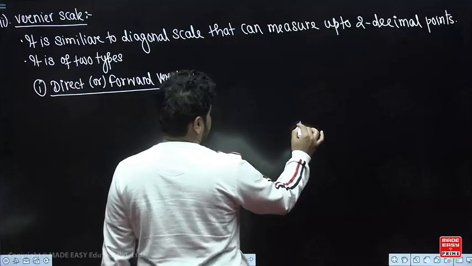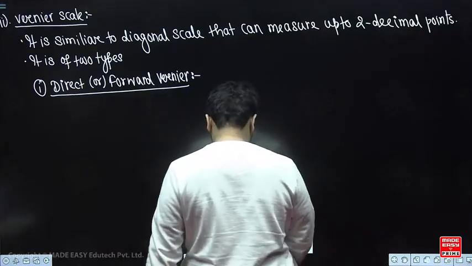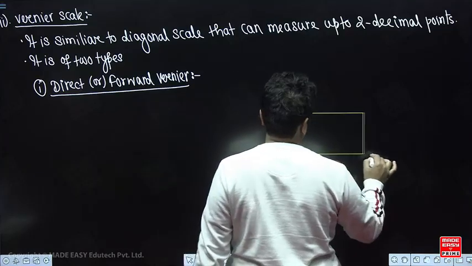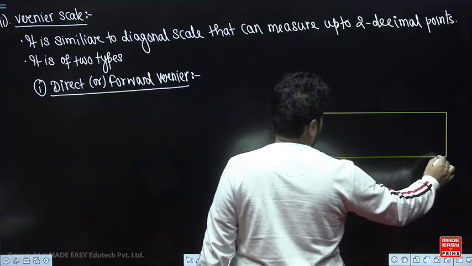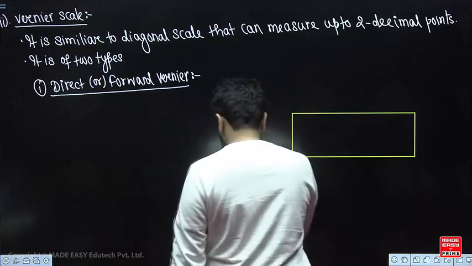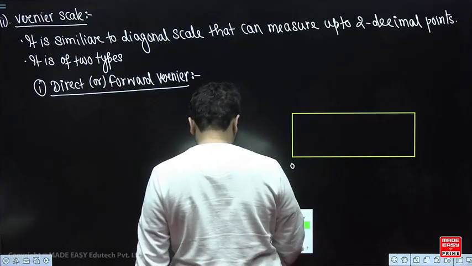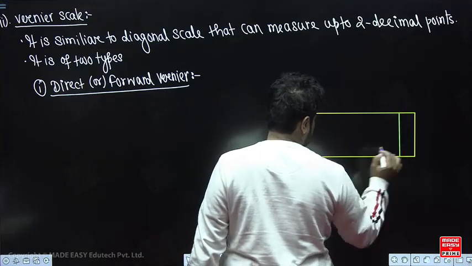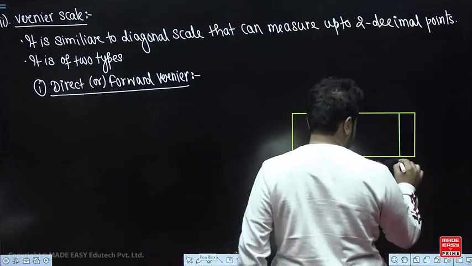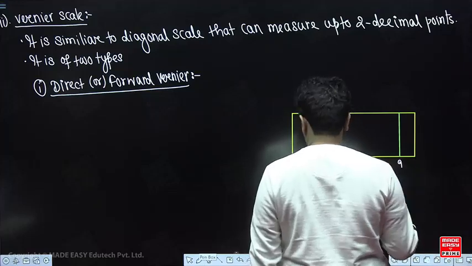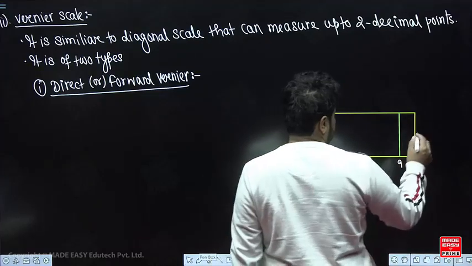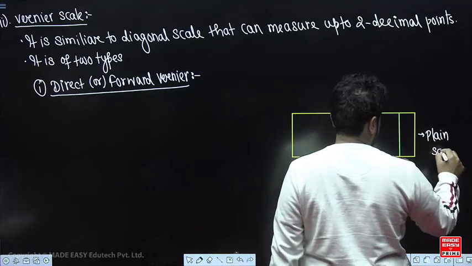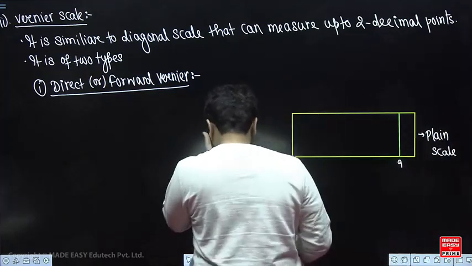So what are direct and forward vernier? Say this is 0, right? 9. So this is the plain scale. This is your plain scale, correct?